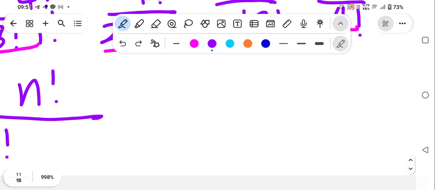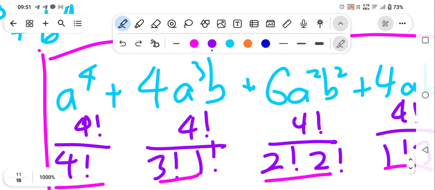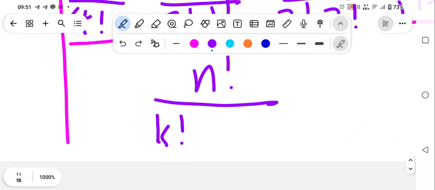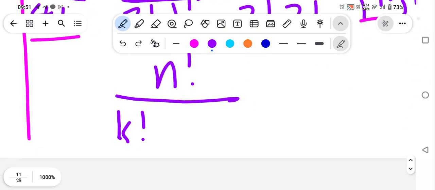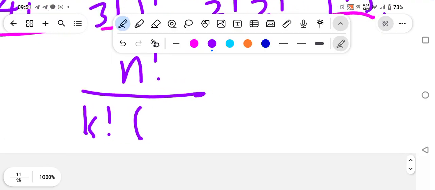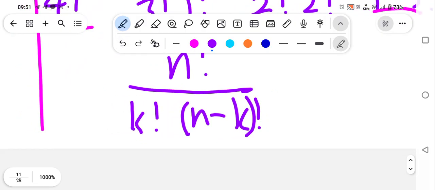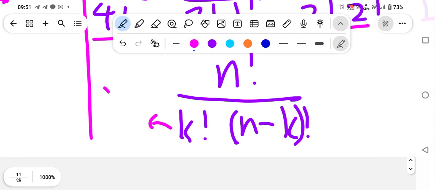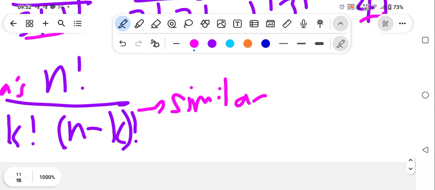Let's say we are expanding something like a plus b to the power n. So we have k a's, and the number of b's is n minus k. Why? Because we have k similar a's and n minus k similar b's.